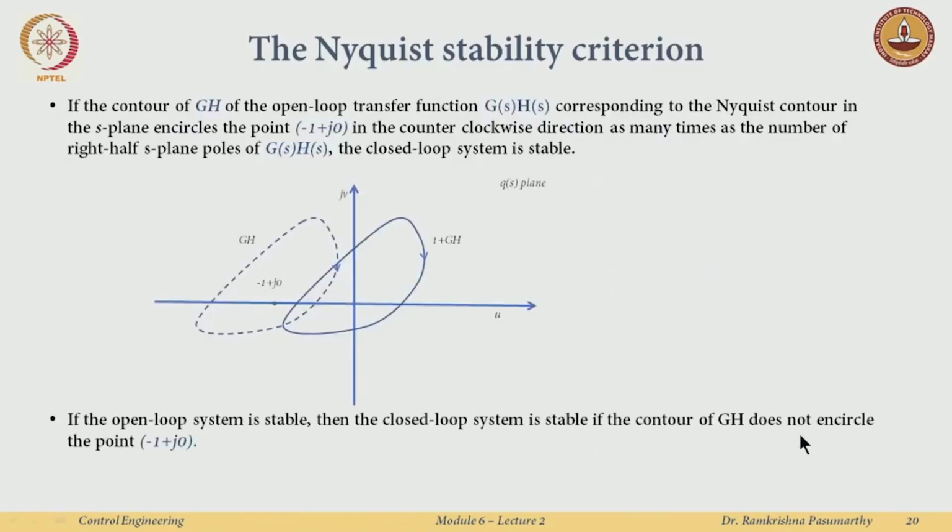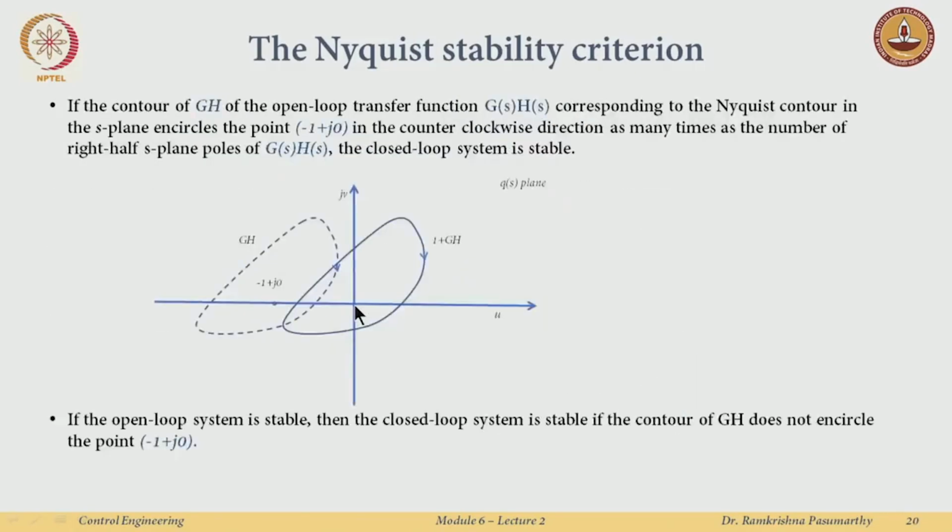Okay. So let me just show you a plot, right. So this is 1 plus GH. Okay. Now I just shift it by minus 1, right, minus 1 plus J0. This is 1 plus GH, I just do a minus 1. So it just shifts here, which means the origin, which I am interested in, the encirclement of the origin, now I just do a minus 1 all of a sudden.